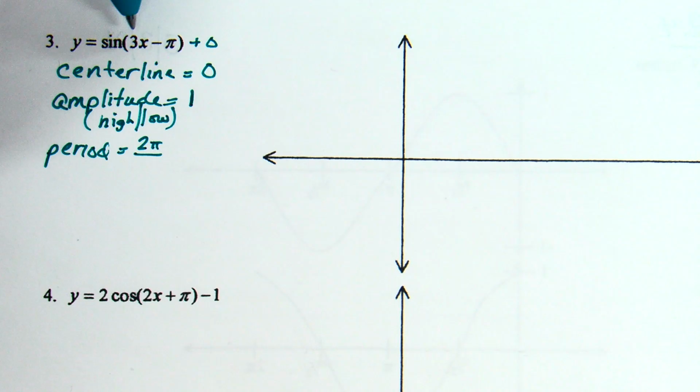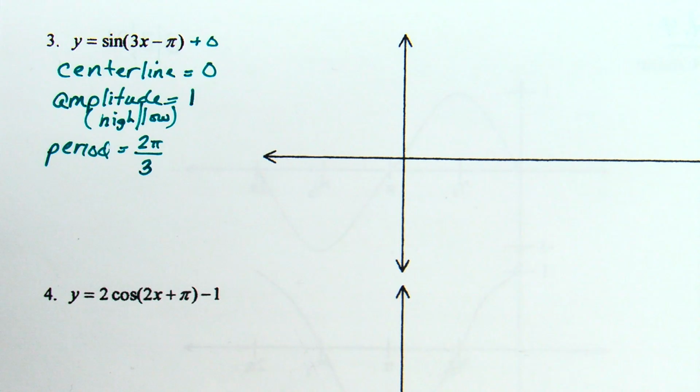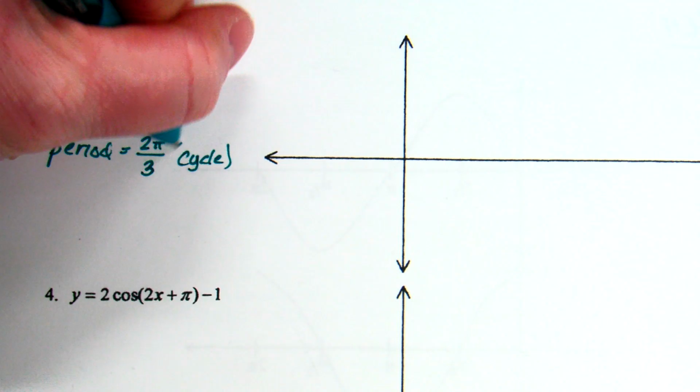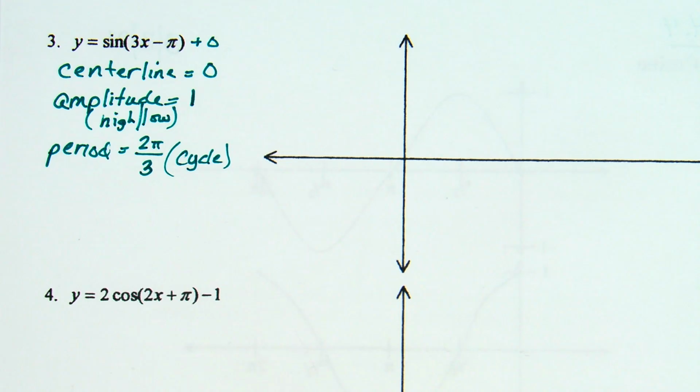So the number on x, which in this case is 3. So this says that one cycle of our graph is going to fit in 2 pi over 3, in the distance from 0 to 2 pi over 3. So this is one cycle. So this graph is definitely shrunk. Okay, horizontal shrink here.